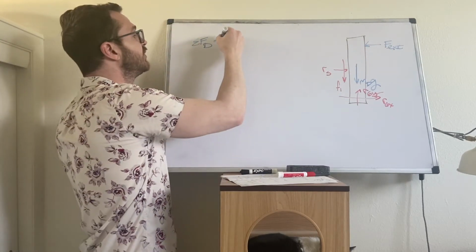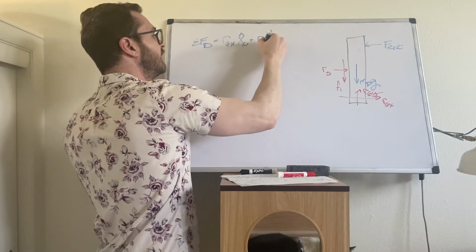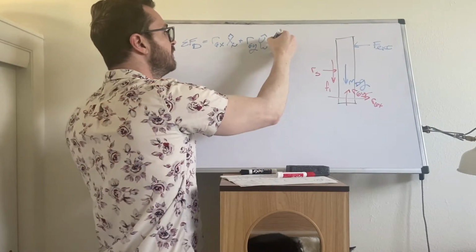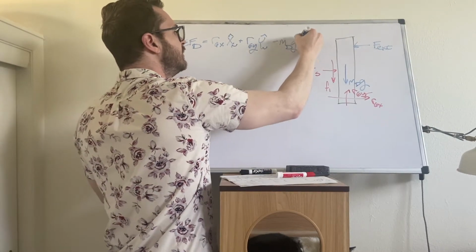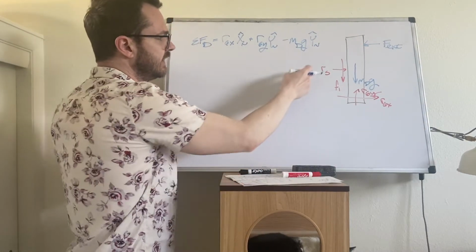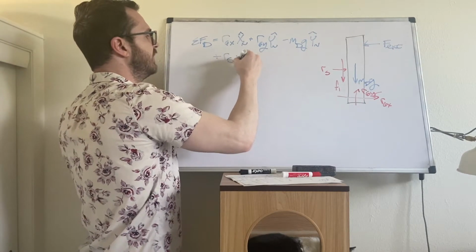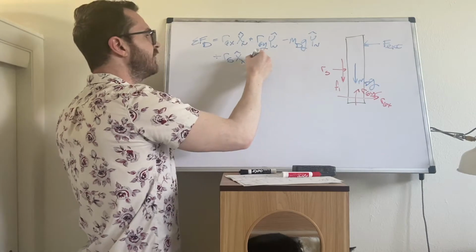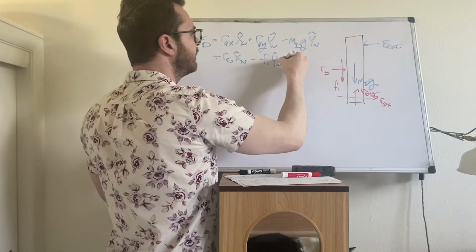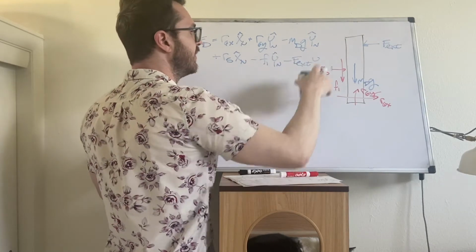Let's start with the pin joint, R6X, Xn, R6Y, Yn, gravity minus MDG, Y hat N. Let's say plus R5, that's in the x hat in, minus F1 in the y hat in, and then minus F external, and this one's in the x in.